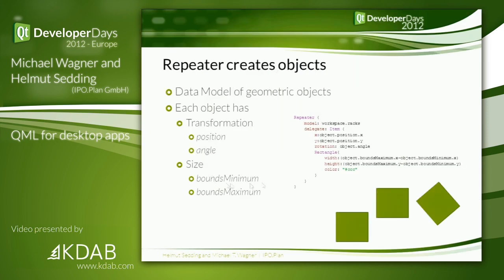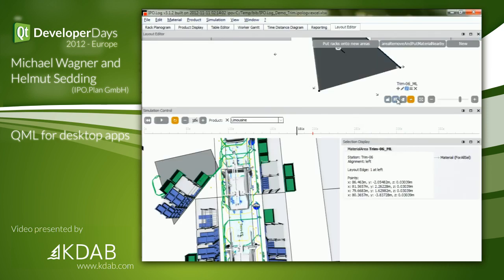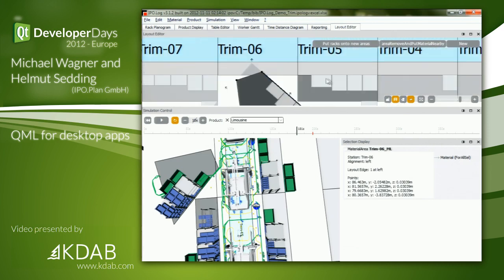So first the repeater. We have the repeater here, and we say, okay, all the rects should be drawn by this repeater. I can turn it on here with this button, and now all the rects are shown in the layout editor.